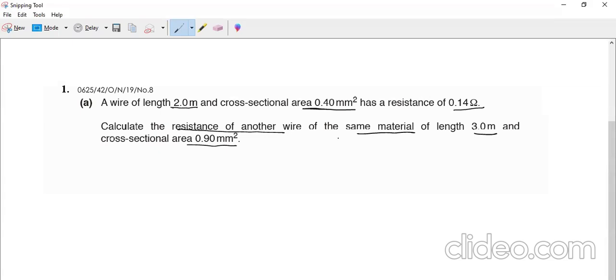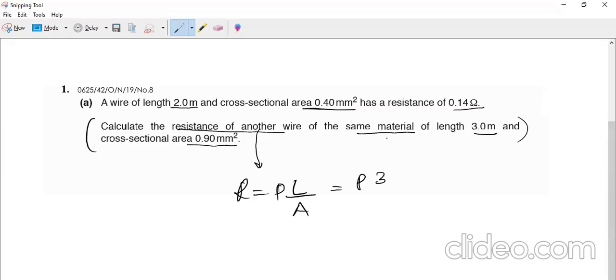So what we can do is, if I start doing this question, just look at this line, and you start doing the question, you will say, okay, R is equal to rho L by A. And then a mistake you will make is wasting time. The first thing you will do is see, okay, I don't have rho. So you will just write this rho, and then L will be 3 meters.